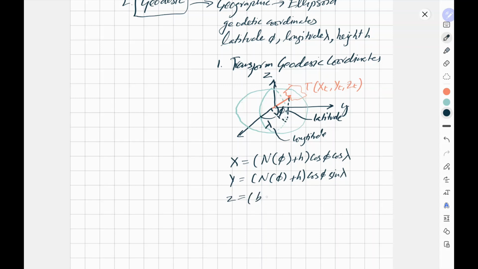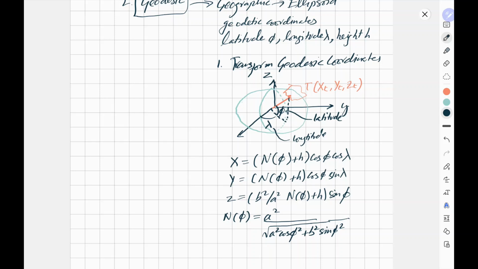b square, I'll explain what is b, divided by a square multiplied by n of phi plus h, sine of phi, where n of phi is a function which is equal to a square whole divided by root of a square cos of phi square plus b square sine of phi square.